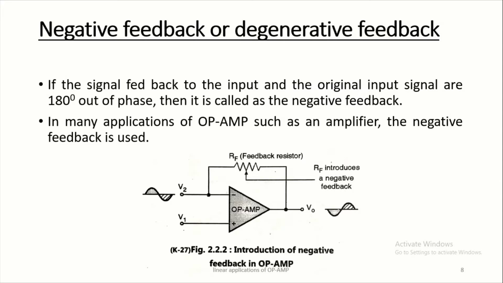Hence, RF introduces a negative feedback. The voltage gain of the op-amp decreases due to the negative feedback. The main disadvantage of open loop gain is the high voltage gain, which can be eliminated in a closed loop by reducing its voltage gain.